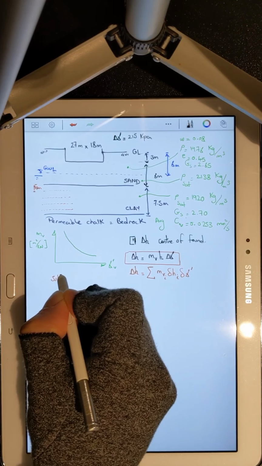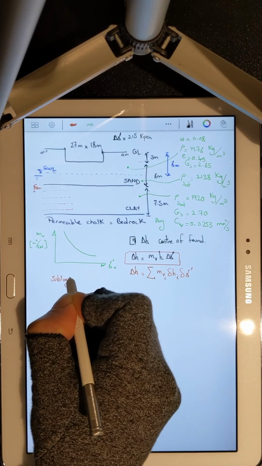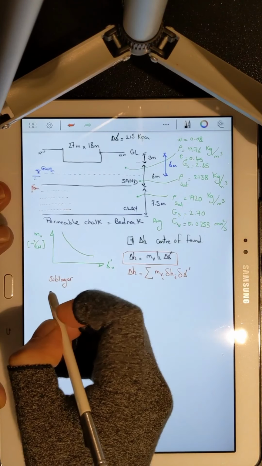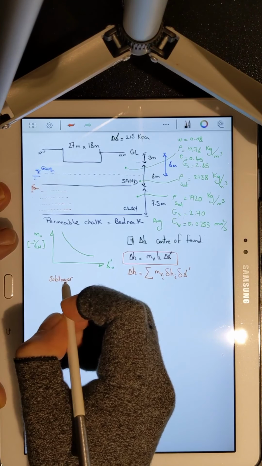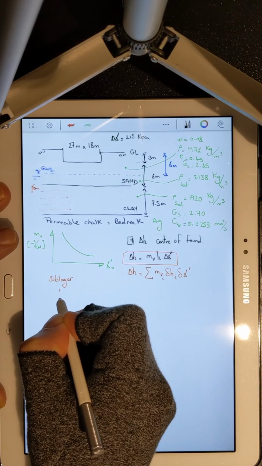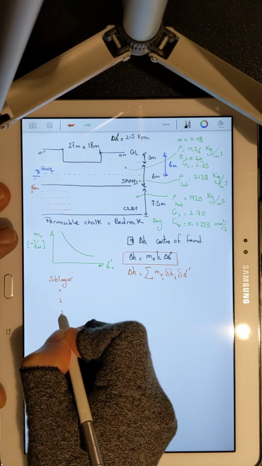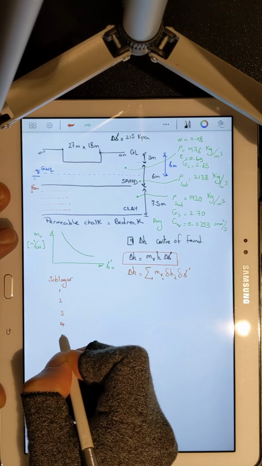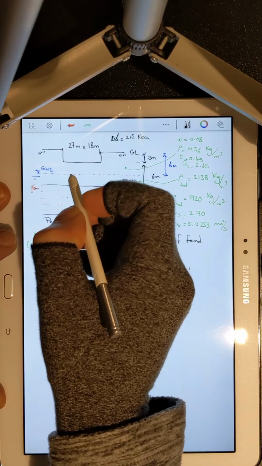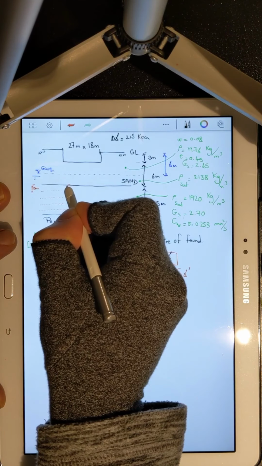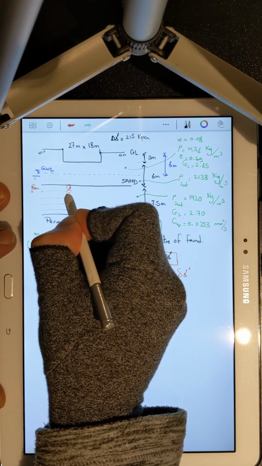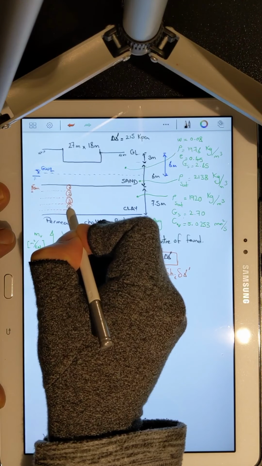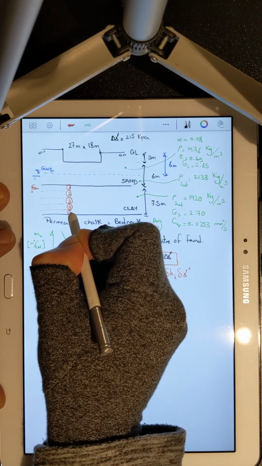So let's use the word sublayer. Let's give my sublayers a name. So sublayer 1, 2, 3, 4, and 5.